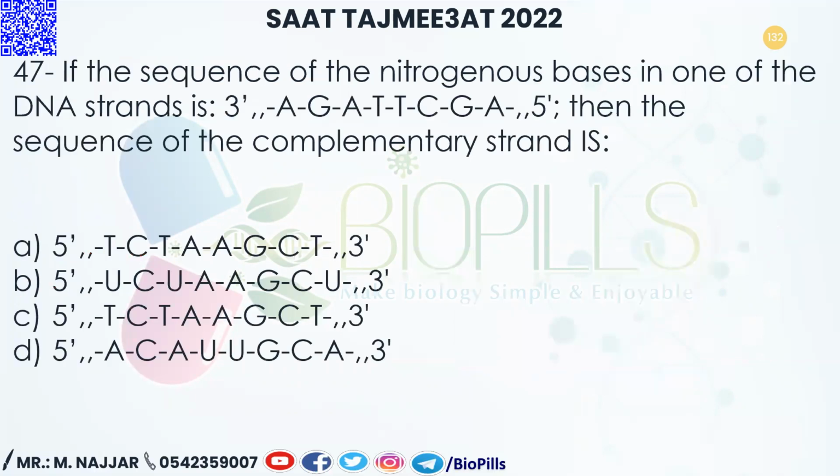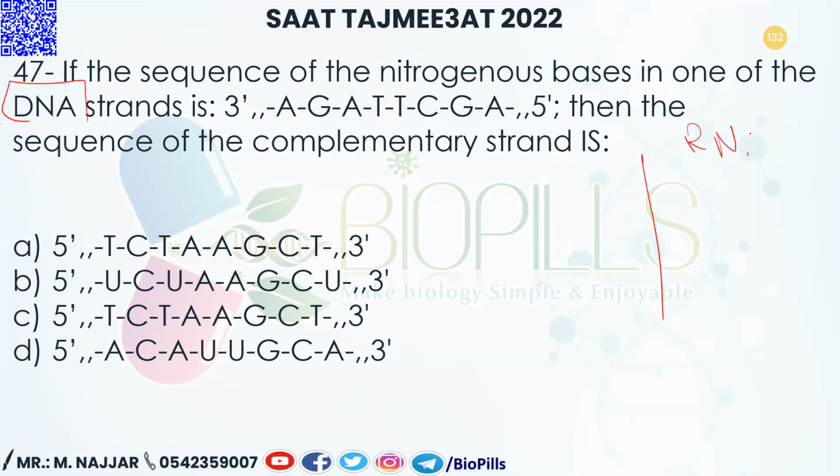Question number 47. If the sequence of the nitrogenous bases in one of the DNA strands is 3'-AGATTCGA-5', then the sequence of the complementary strand is, think about it, it's very easy. And if you are in doubt, get it out. As a key for you here, try using the Erwin Chargaff base pairing rule. He said here DNA, that's why I made a separator.